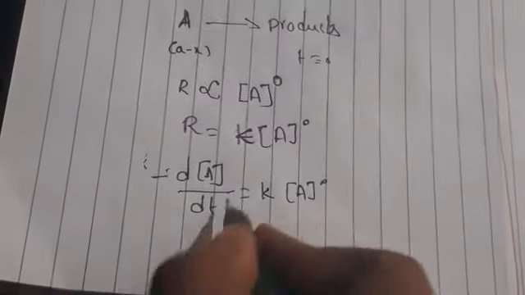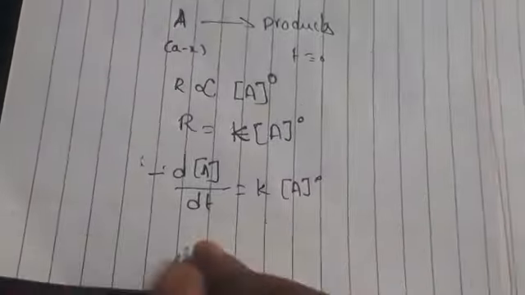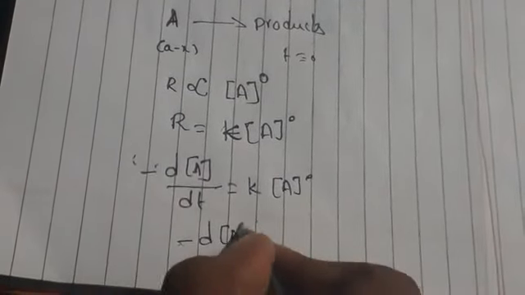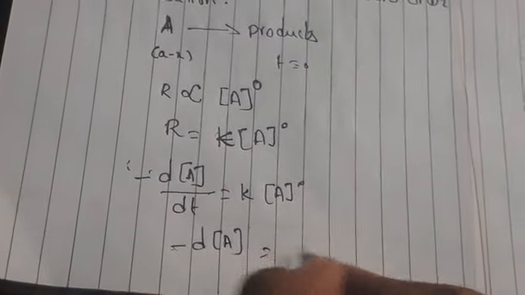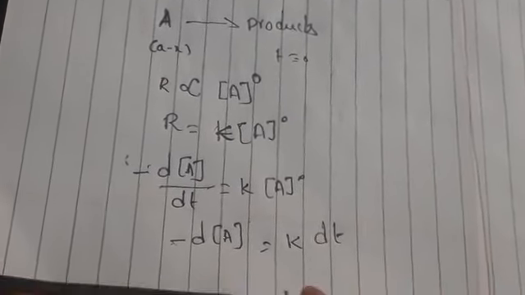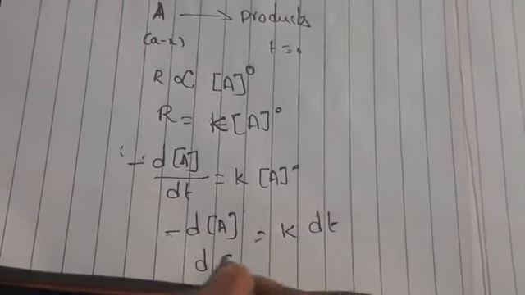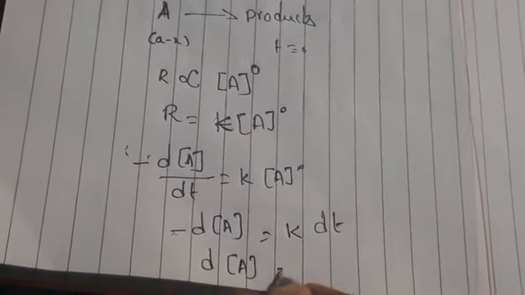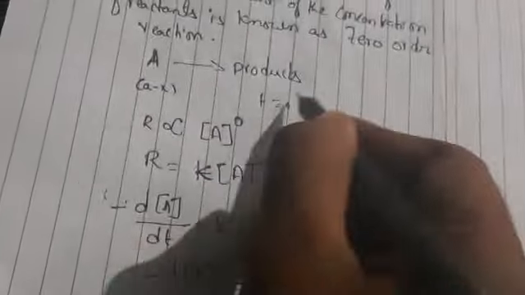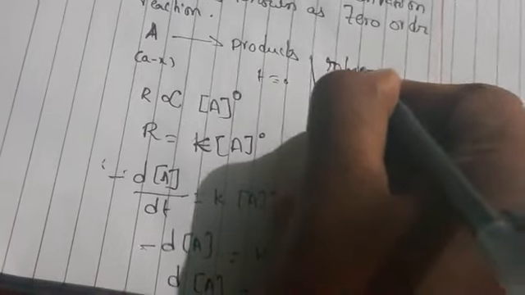So here you will be getting minus d[A] equals K dt. The minus goes to this side, so d[A] equals minus K dt.